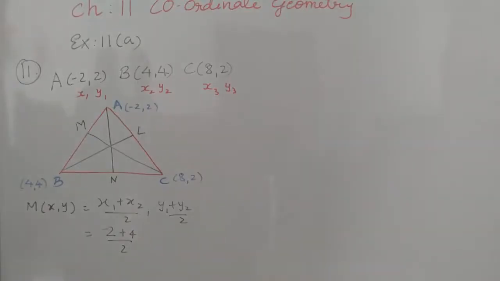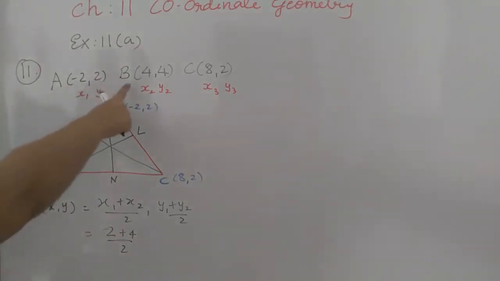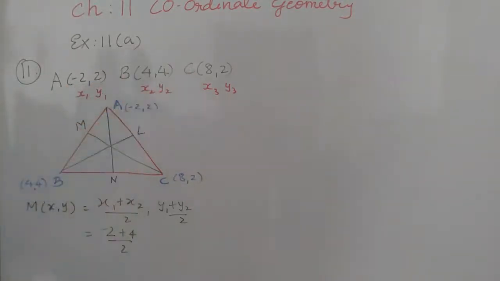Question number 11. The vertices of a triangle are A(-2, 2), B(4, 4) and C(8, 2). Now find the lengths of the medians. Here you can see triangle ABC is drawn, whose vertices are written here, and these are the medians AN, BL and CM to the sides BC, AC and AB respectively.